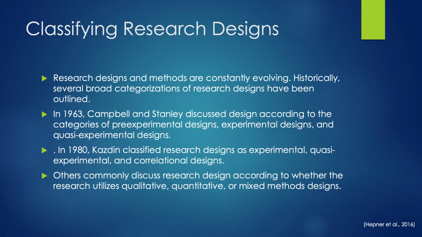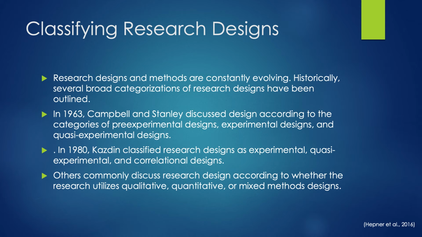And so for us, we typically land on that quasi-experimental, where we're not going to be truly manipulating data, but we'll look at differences between different groups to see if there are things happening. In 1980, Kasdan classified research design as experimental, quasi-experimental, and correlational designs, and that's kind of where we stand for the most part now. And we tend to do a lot of correlational designs, I feel, in our field.